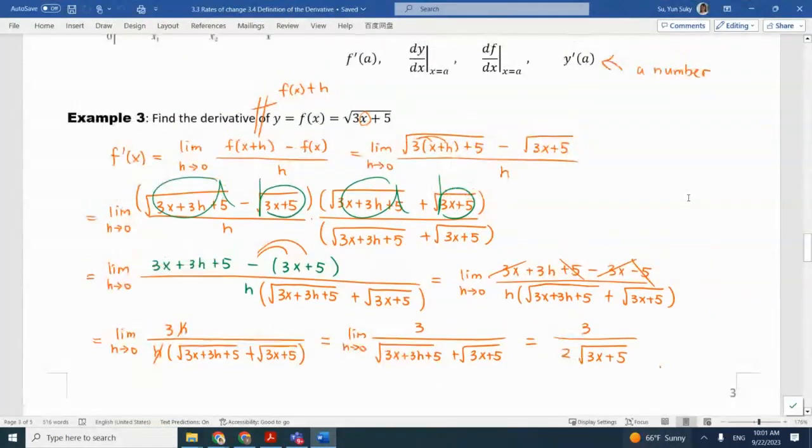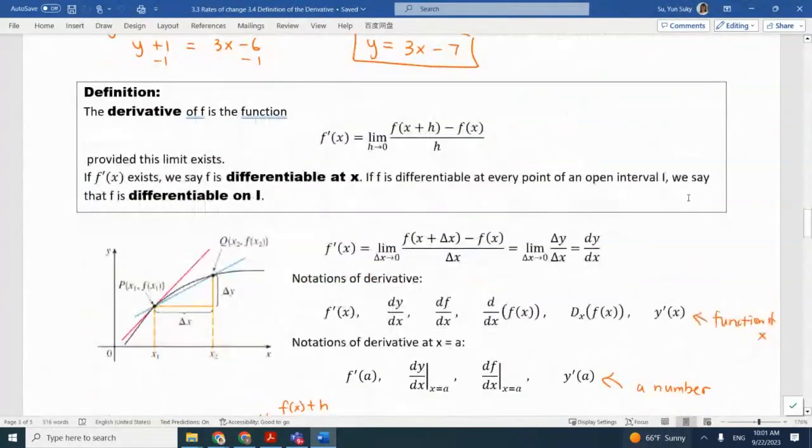Last time we talked about the definition of derivative. Derivative is the slope of the tangent line, right, everybody? And this is the formal definition of derivative.